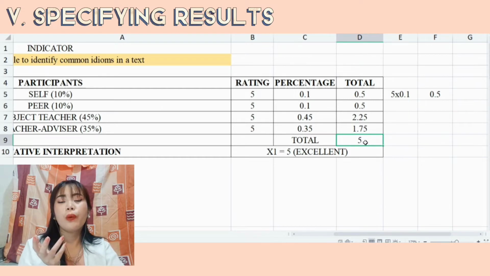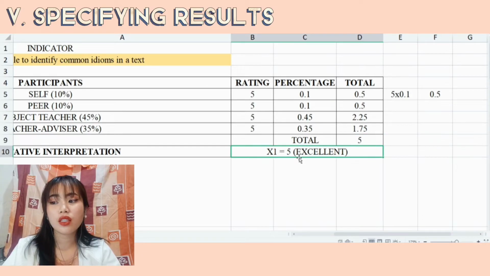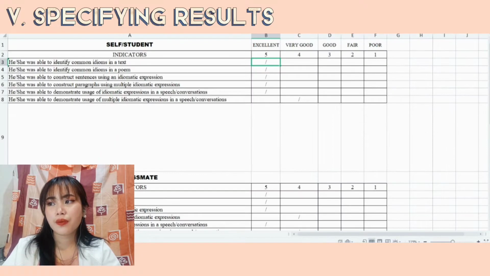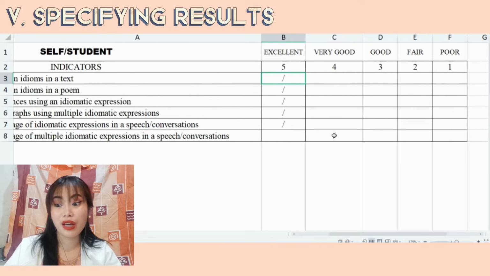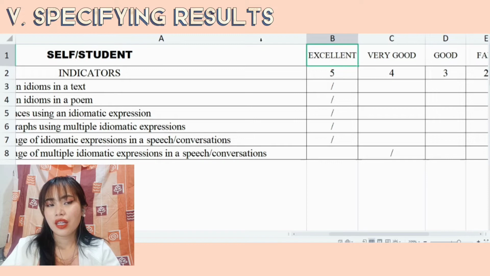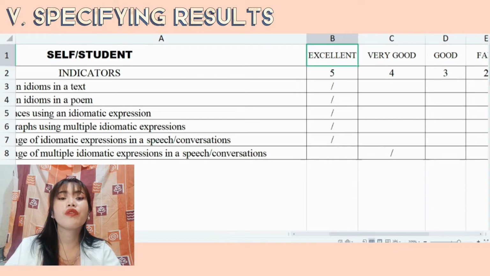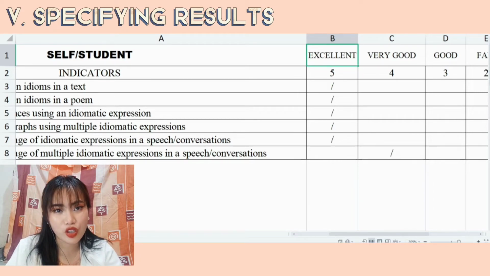So how do we get the qualitative interpretation? This qualitative interpretation will be based on the ratings that we have earlier, right? From earlier, we have 5 ratings: 5, 4, 3, 2, 1, and each of them has an interpretation. When we say 5, it means excellent.